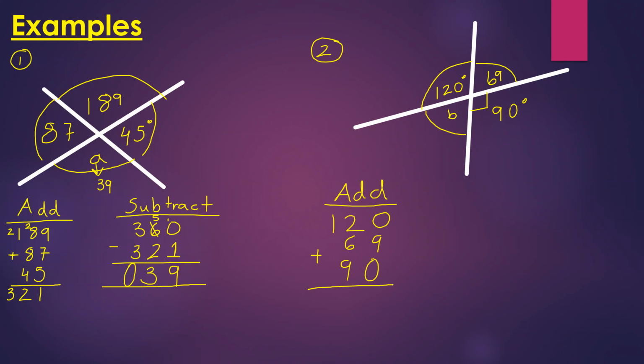All right, so 9 plus 0 is 9. Um, 9 plus 2 is what? 11. 9 plus 2 is 11 plus 6 is 17. So it's 279.